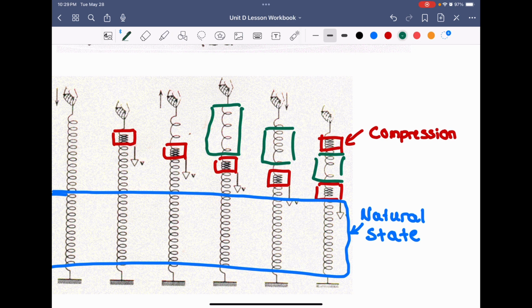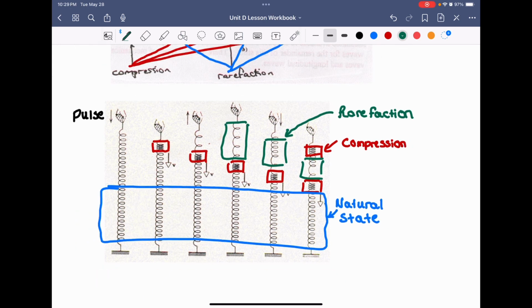And then here is our rarefaction. There we go, just so we have a complete diagram of what's happening. So we have the condensing of particles as the energy moves through. We have the rarefaction, which is the separation after that compression has moved through. And then we have natural state, which is just that the energy hasn't reached that piece yet.